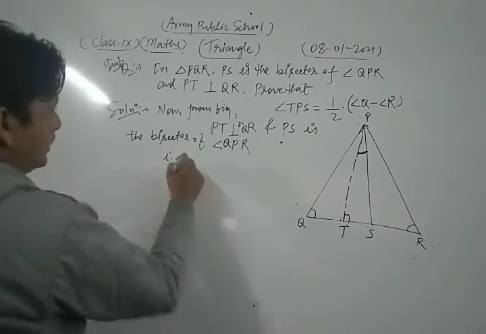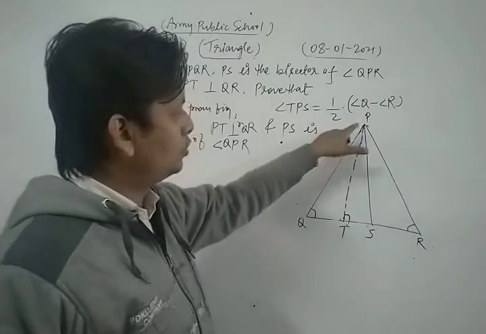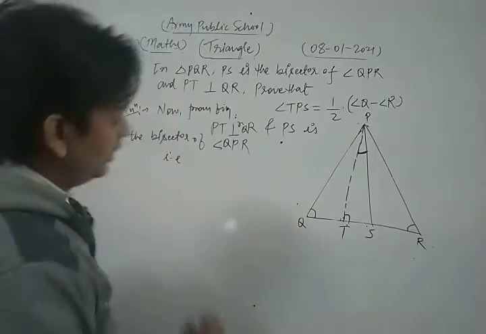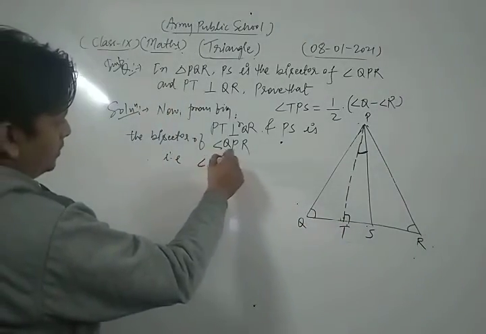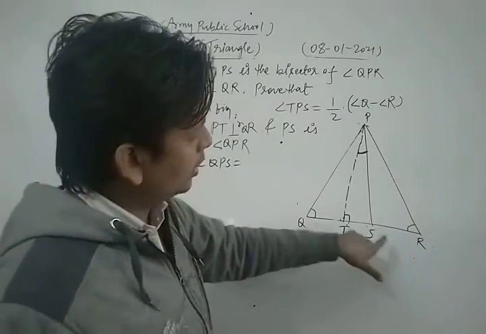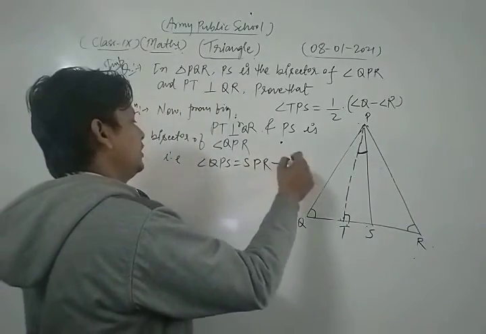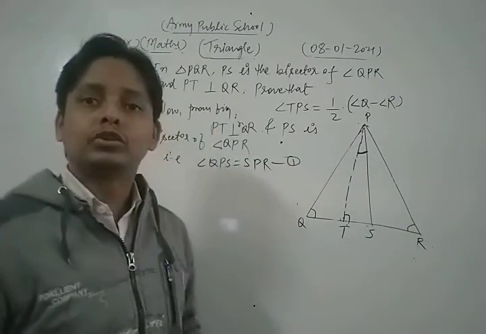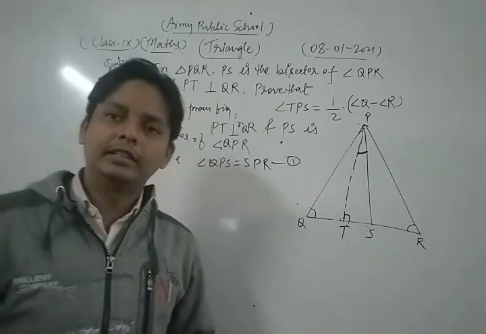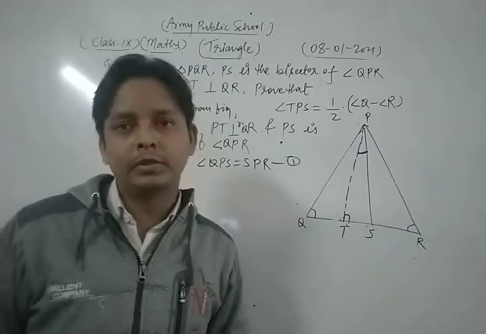QPR, it means that PS bisects it, so angle QPS is equal to angle SPR. Take equation number 1. Because a bisector of an angle divides the given angle into two equal angles.